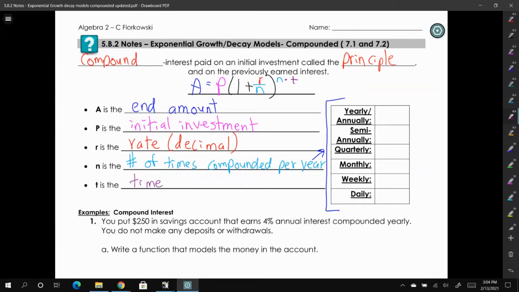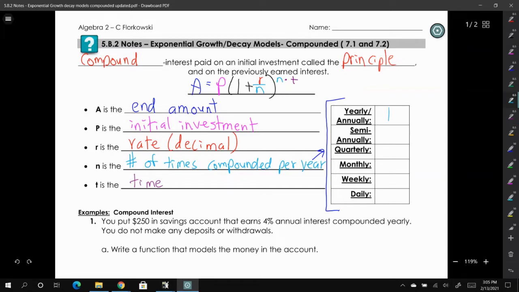So what we're going to do is we're going to look at this table over here, and depending on what the problem says, your interest is compounded, that is going to tell you what your N value should be. So if the problem tells you that your interest is compounded annually, that means your N value is going to be 1.